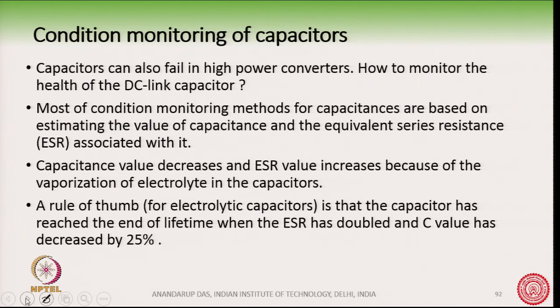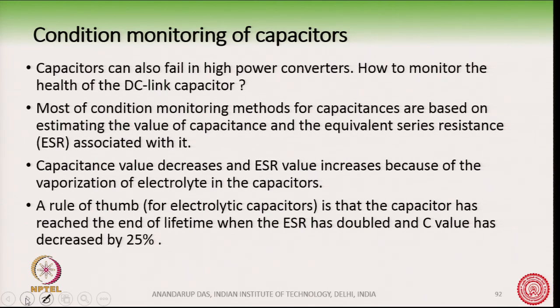Usually what we have observed is that the capacitance value decreases and the ESR value increases because of the vaporization of electrolytes in the capacitors over time. Over a long period of time, slowly the electrolyte will vaporize or leak, and the capacitance value will decrease and the ESR value will increase.